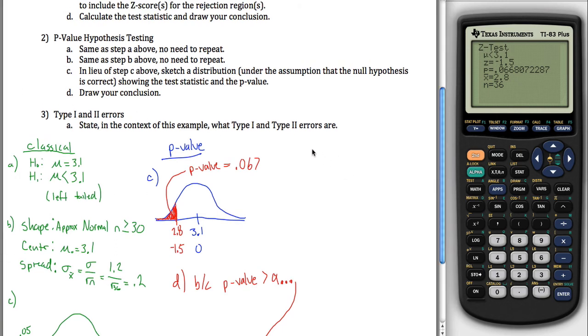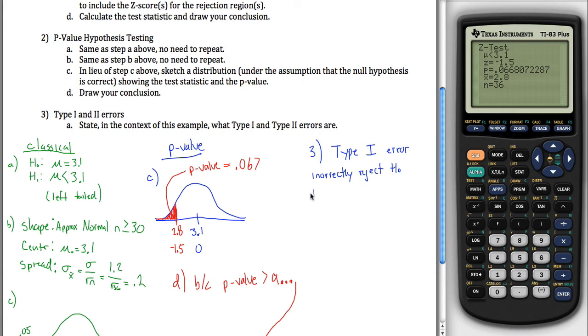The last part here are the type 1 and type 2 errors. Type 1 error is that you incorrectly reject the null hypothesis. Incorrectly reject H naught. So if you reject H naught, you're concluding that this spray works.